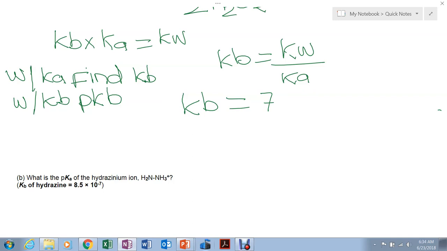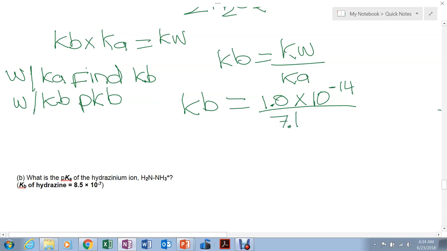What a pain this. So it's going to be here, Kw 1.0 by 10 to the negative 14 divided by Ka given, which is 7.1 by 10 to the negative 4.